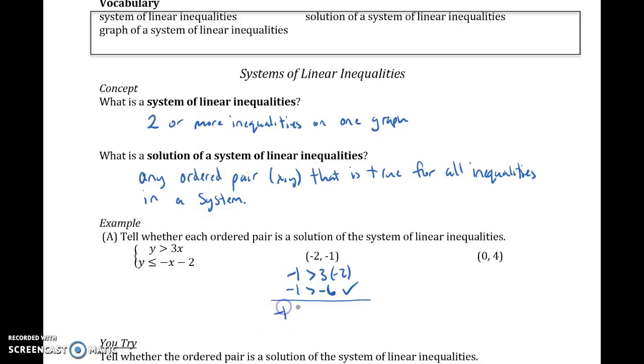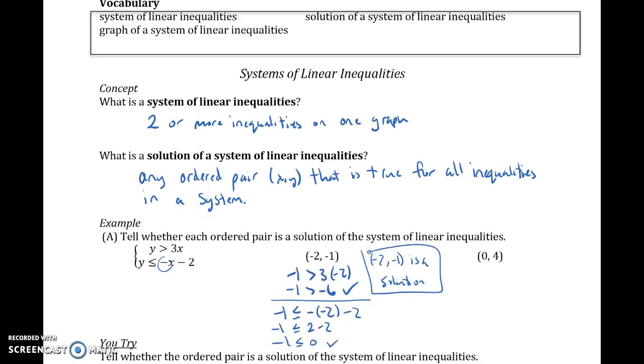Again, plugging in -1 for y, and then -2 for x. Since the original equation has a negative sign, I want to make sure I have the negative in front. And -1 is less than or equal to 2 minus 2. -1 is less than or equal to 0. That checks. So -2, -1 is a solution.